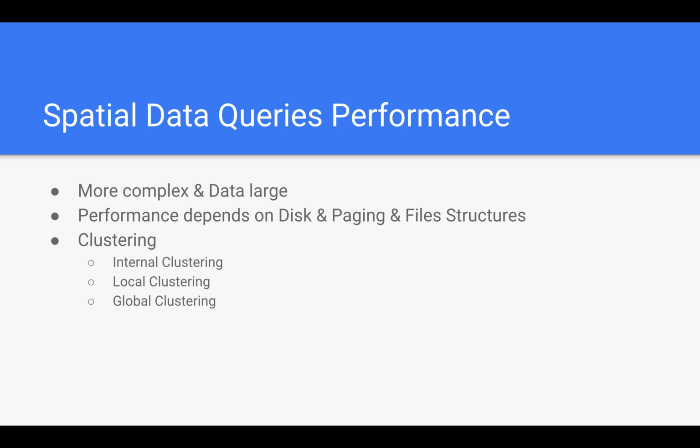The second one is called local clustering, which means we can store a group of related objects into a single page. The last one is called global clustering. Instead of grouping all the similar objects into a single page, we store them into consecutive memory pages.